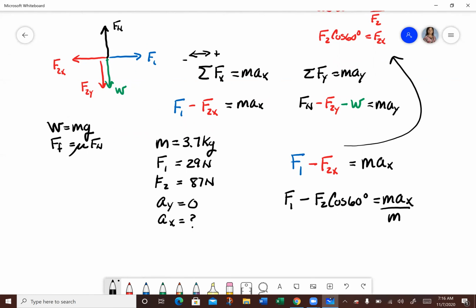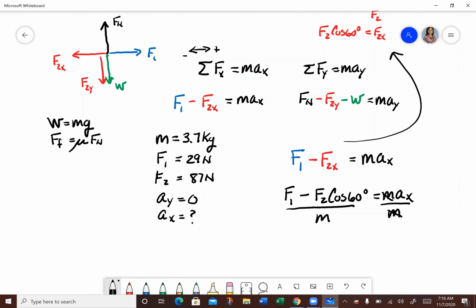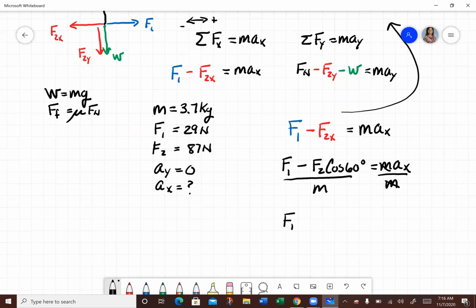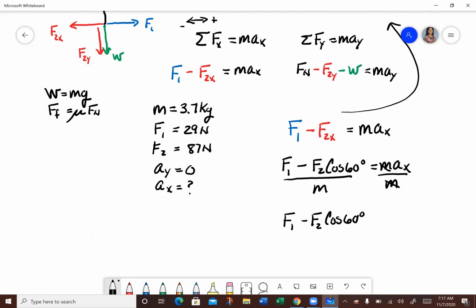So divide by M. Mass cancels over here. So your equation becomes F1 minus F2 cosine 60 degrees over the mass equals AX.